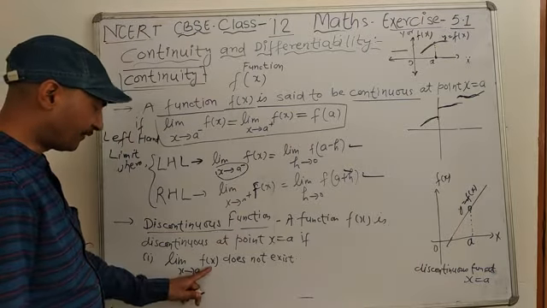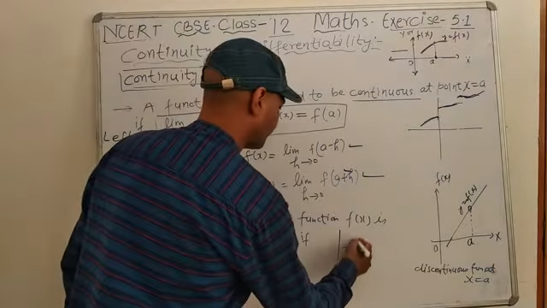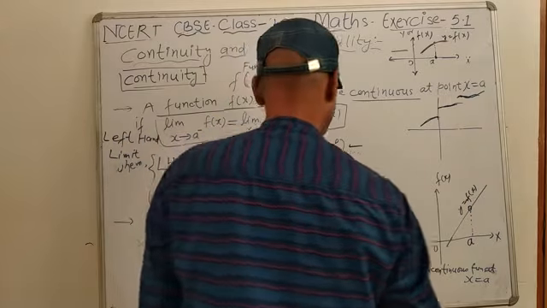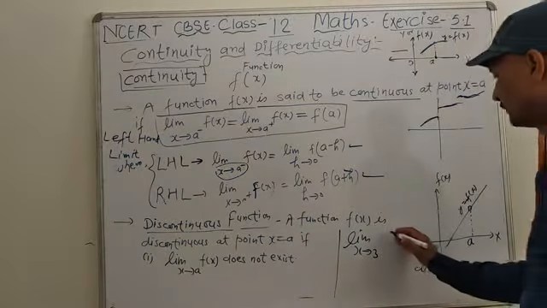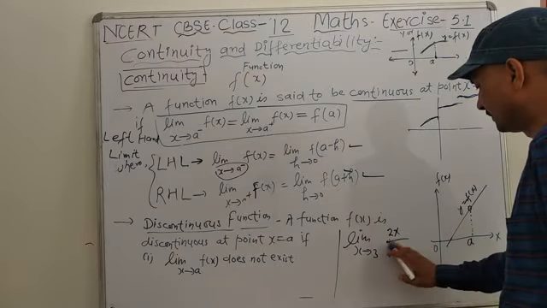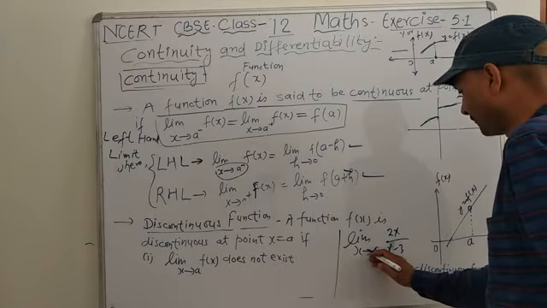the limit as x tends to a of f(x) does not exist. What does it mean for it not to exist? Suppose we have the limit as x tends to 3 of 2x divided by x minus 3, x tends to a.